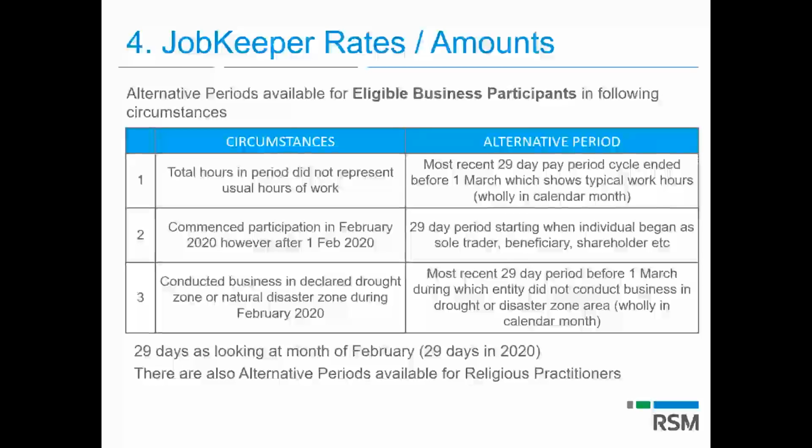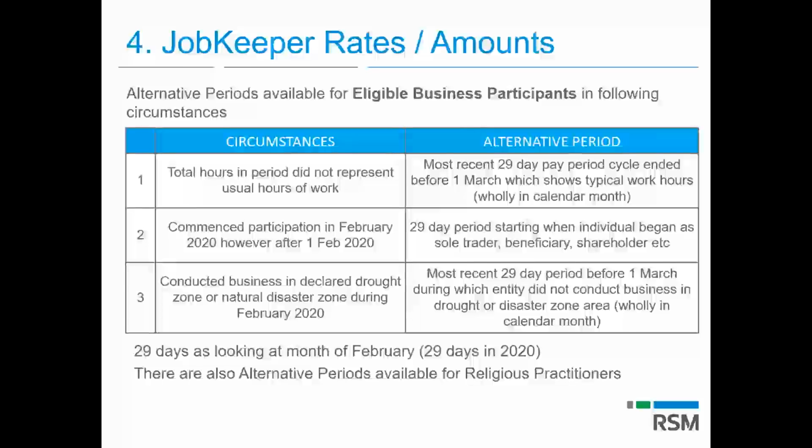There are also similar tests available where the eligible business participant did not work for 80 hours in the pay cycle. Similar to employees, the alternative reference period can be used where either the total hours worked did not represent usual hours, in which case the period to be used is the most recent 29-day cycle ended before 1 March, which shows typical hours.